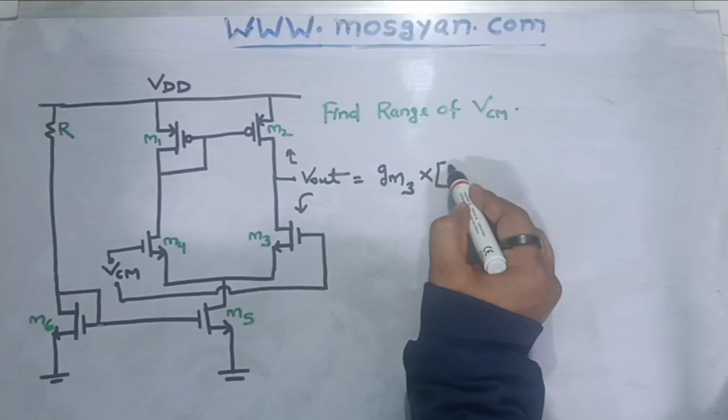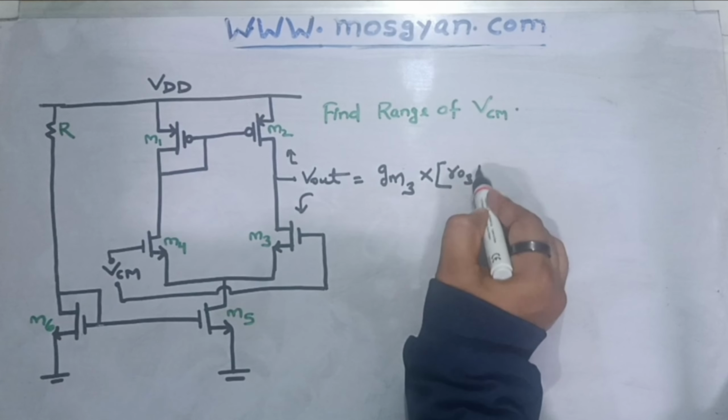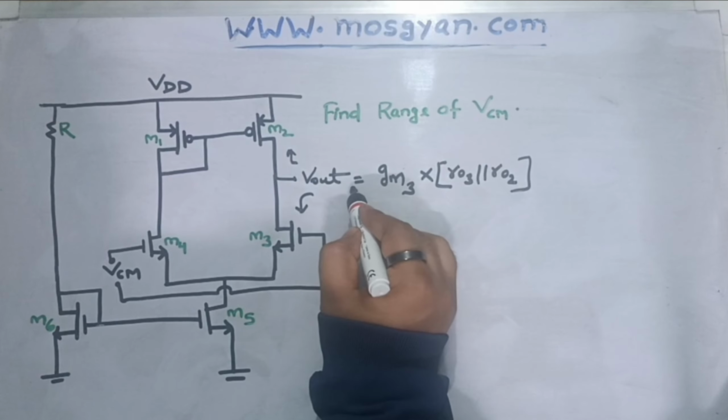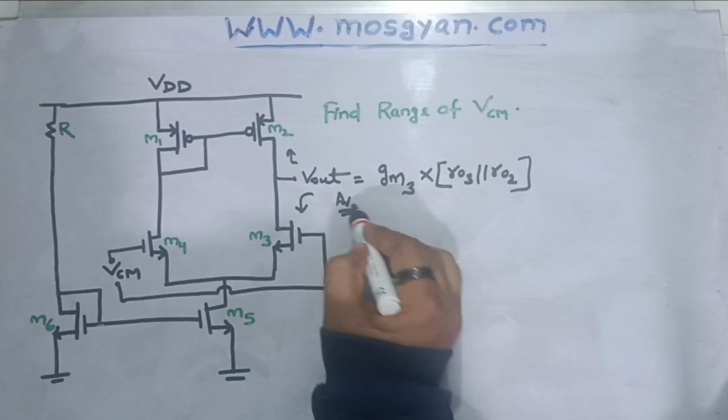So we can write it as R03 parallel to R02. Right, this is the gain which we will get here in the structure.